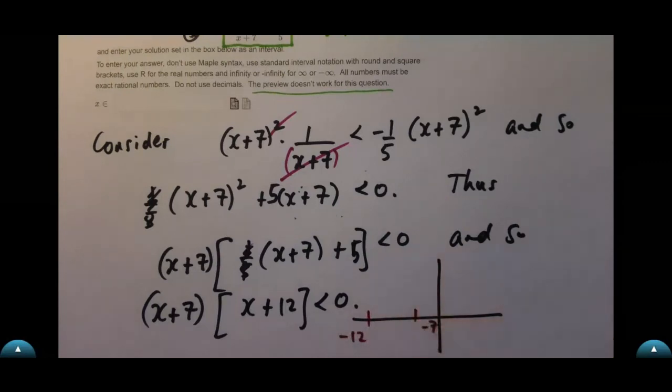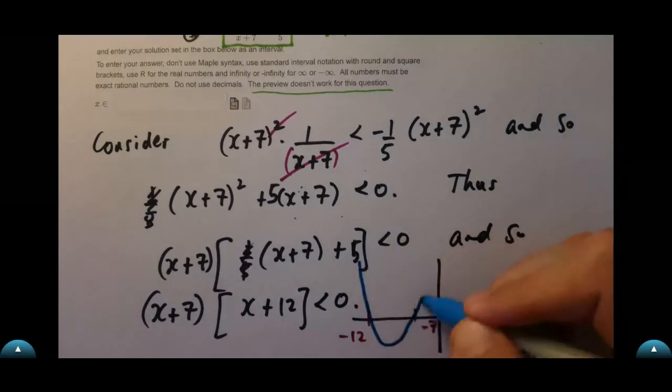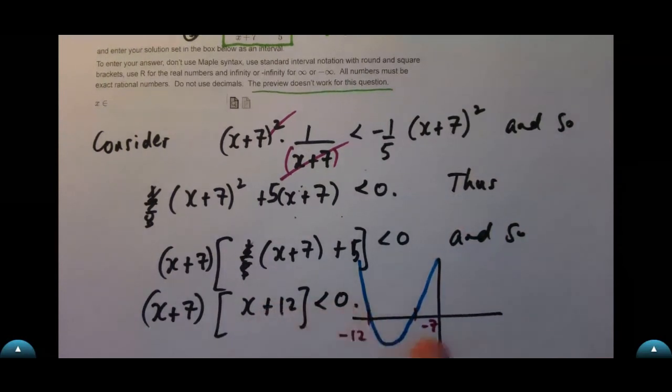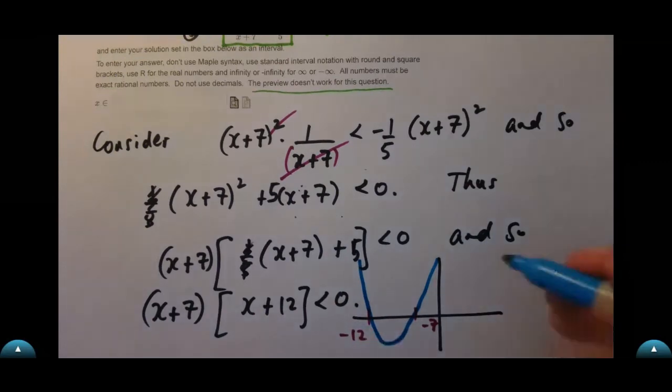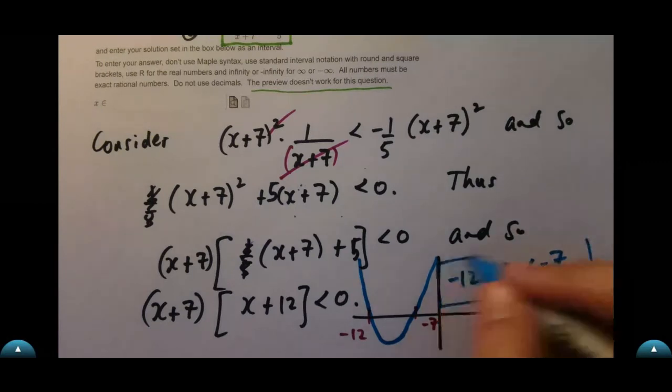That's -7. You're going to get a parabola looking like that. Okay. So where is this negative? Well, it's negative down here. It's below the x-axis there. So from the graph, we see that x is less than -7 and greater than -12.